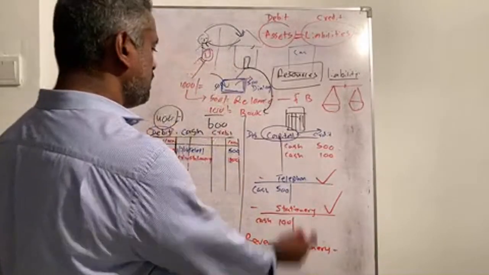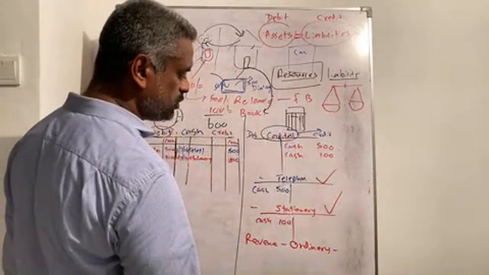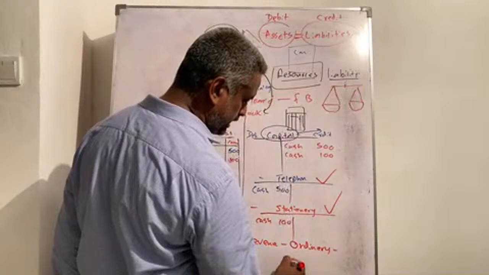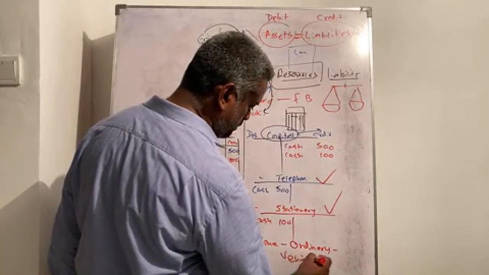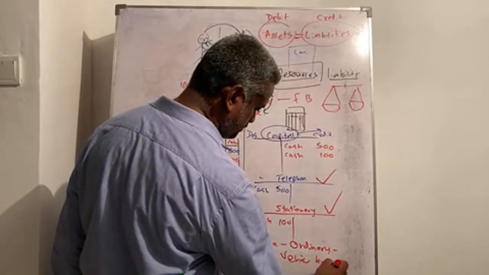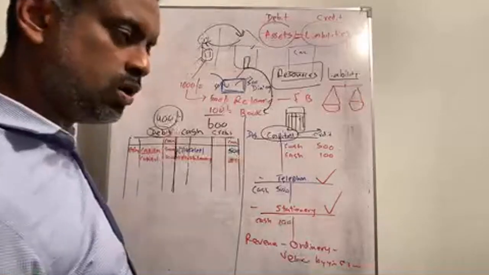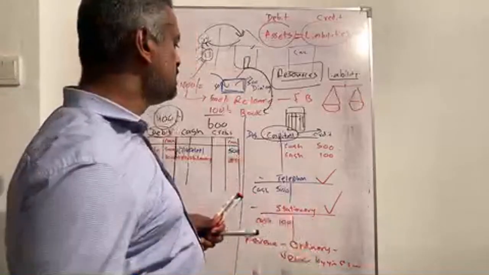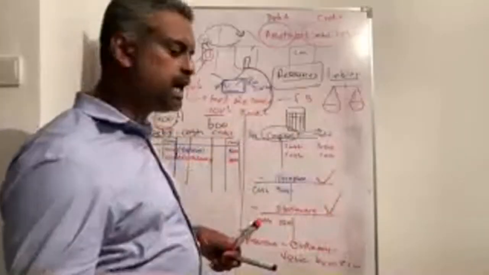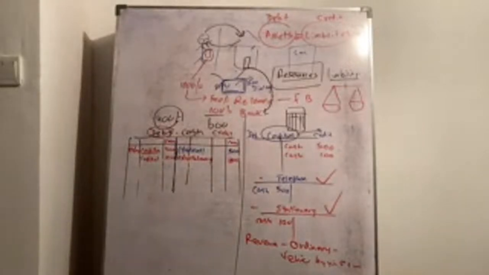Let's say by using this process you are going to have a certain ordinary activity, let's say vehicle buying and selling. That is the ordinary activity of the business, whatever vehicle or stuff you are going to buy and sell, advertising on Facebook or wherever, right?